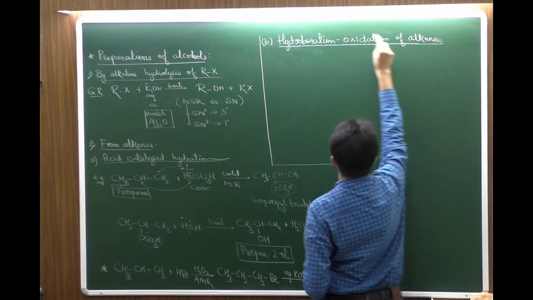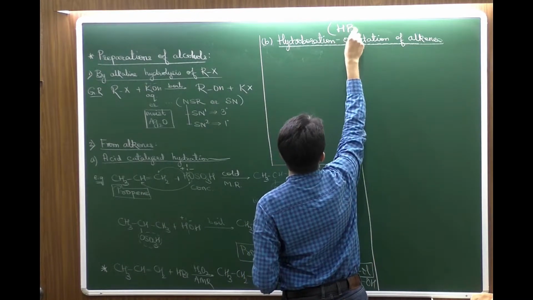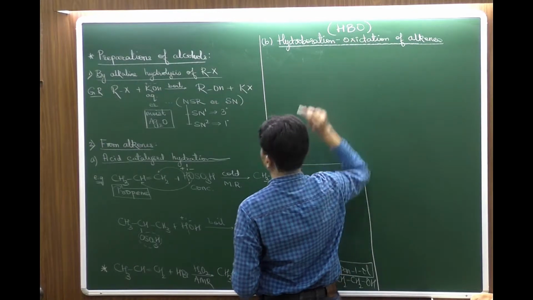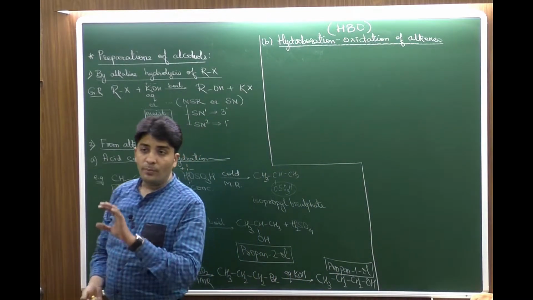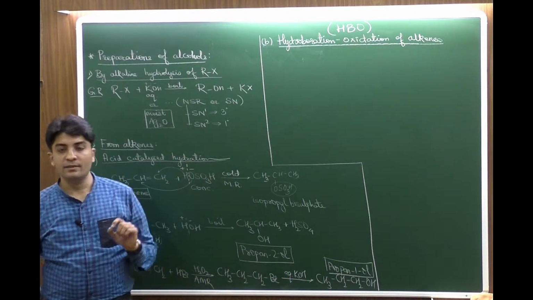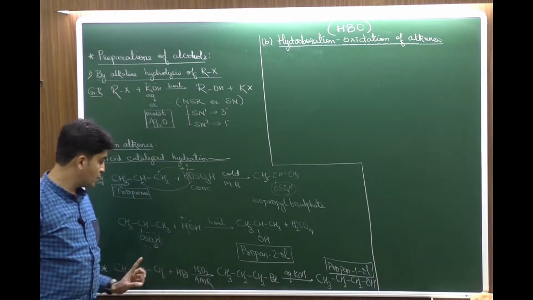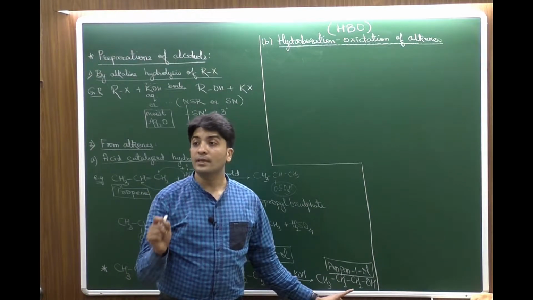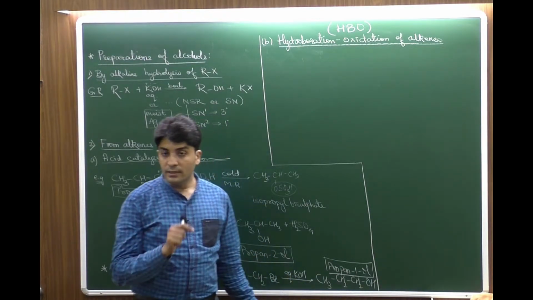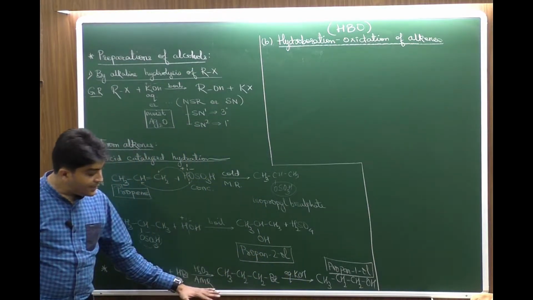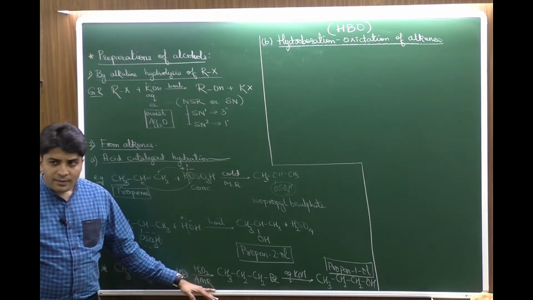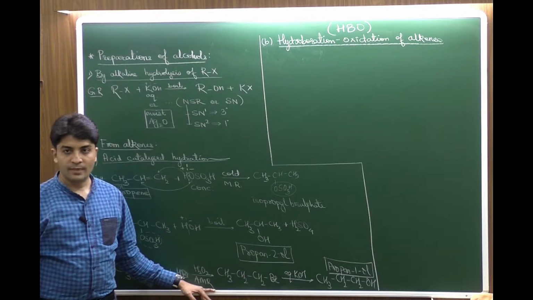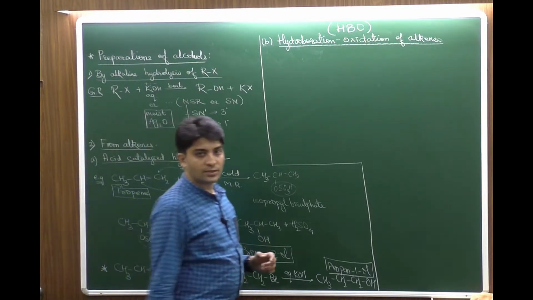I call it HBO, hydroboration oxidation. So the main thing about this reaction is HBO is used to convert alkene to a primary alcohol. Here we are not going to directly apply anti-MR, but it is an indirect application of anti-Markovnikov's rule. So let's understand this reaction.